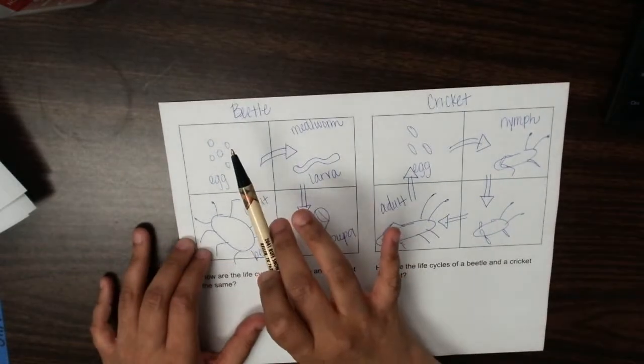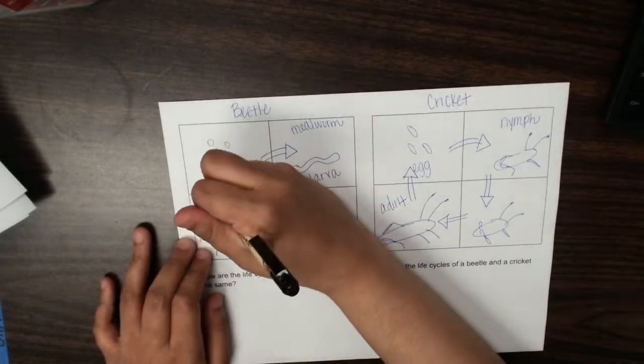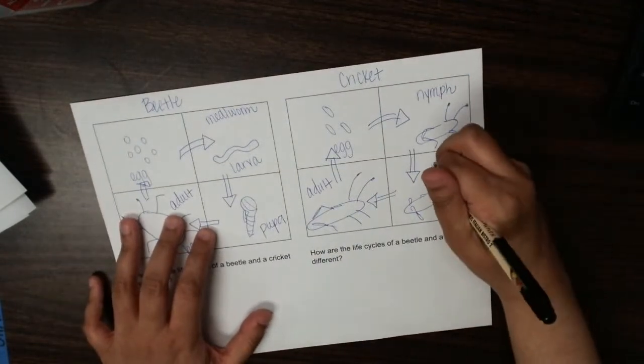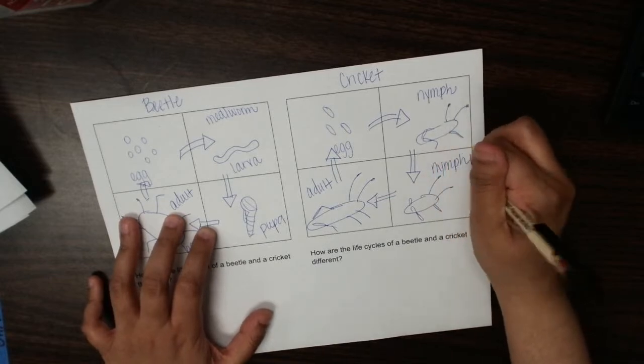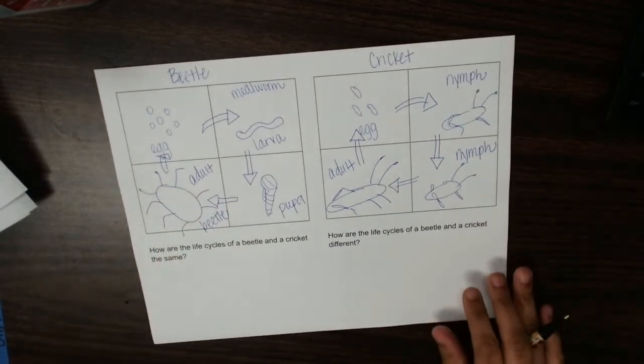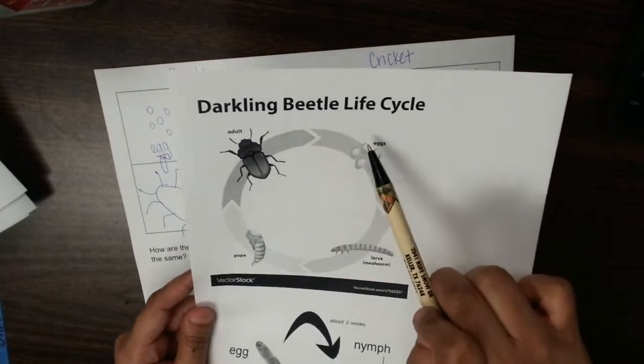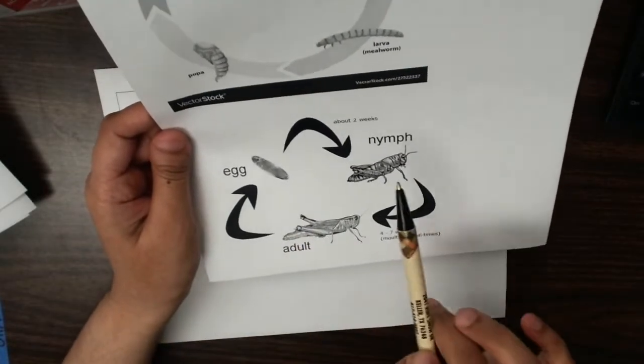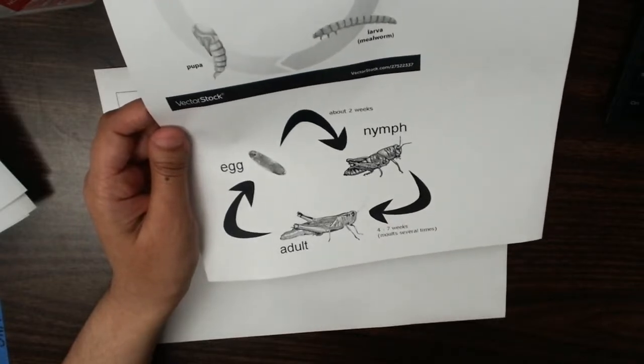So, a beetle goes through 4 stages, whereas a cricket goes through only 3. Okay, so once again, here is the beetle: egg, larva, pupa, adult. But then the cricket, it's egg, nymph, adult.